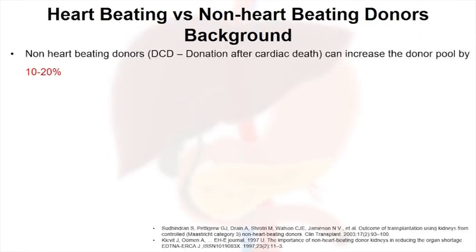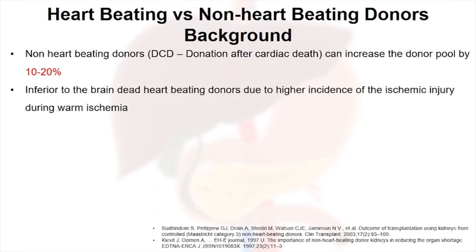Non-heart-beating donors are a great value addition over the last few years, and more and more countries are now allowing this lawfully. Non-heart-beating donors add 10 to 20% of organs. Of course, the quality of organs is slightly inferior to brain-dead heart-beating donors due to the high incidence of ischemic injury to the organ.